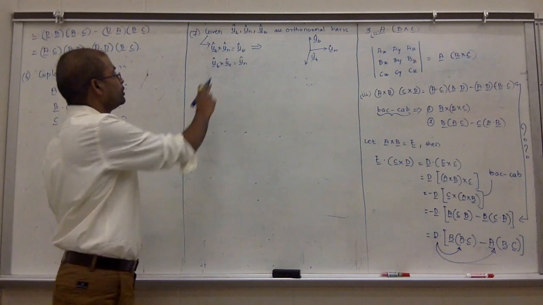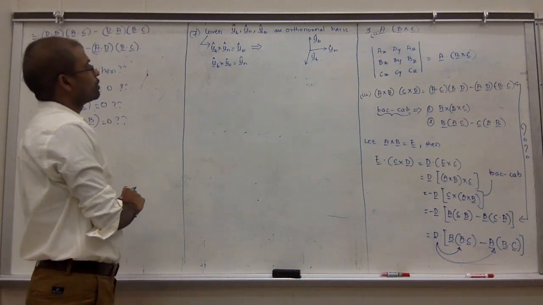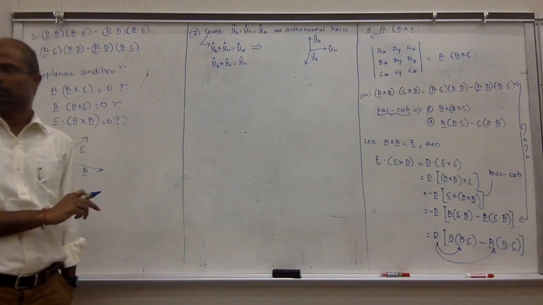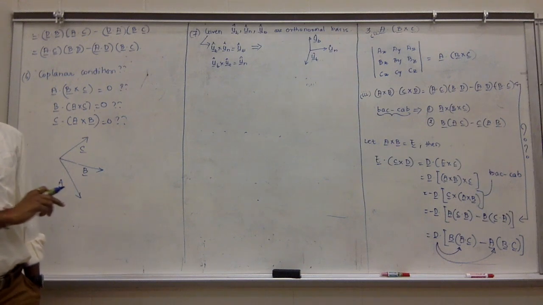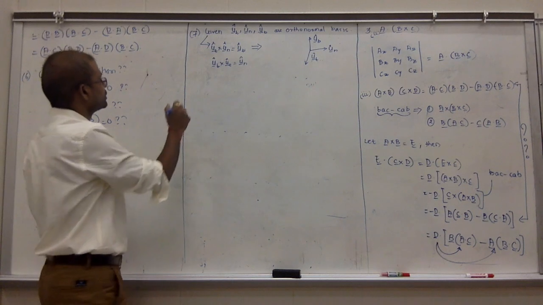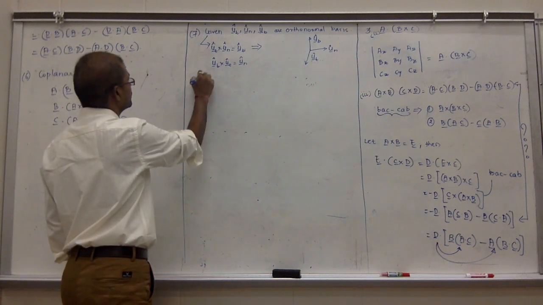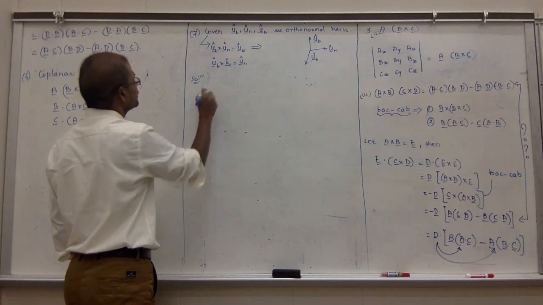You need to prove that UB crossed with UT is equal to UN, and you need to use the BAC minus CAB rule, correct?